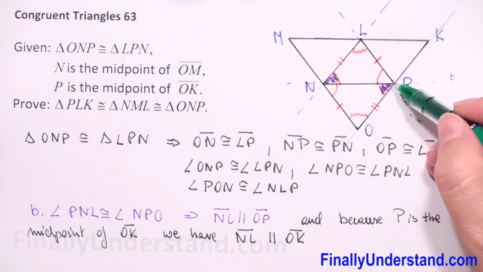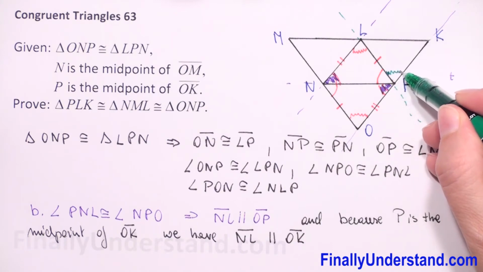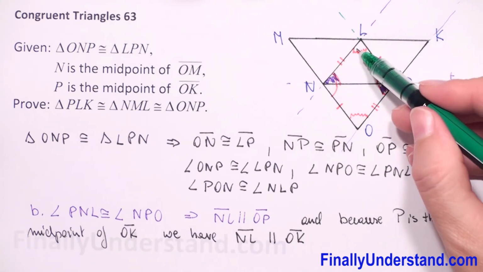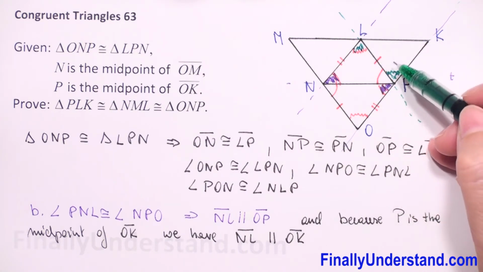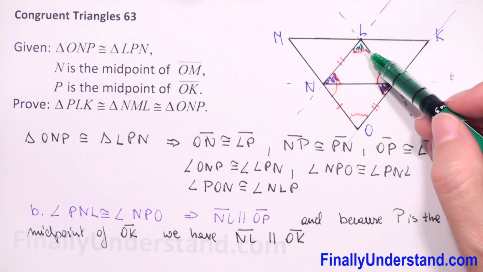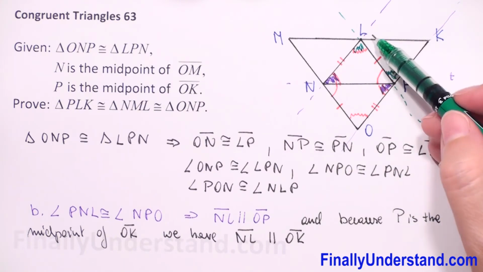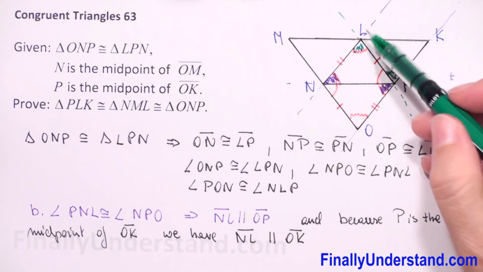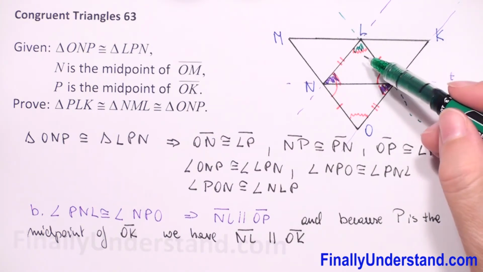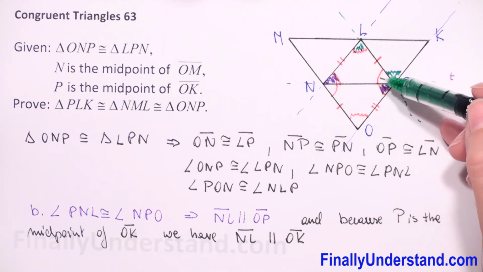It means that this angle is the same as this. These two angles are congruent. Why? Because they are alternate interior angles, and if two parallel lines are cut by a transversal, alternate interior angles are congruent.